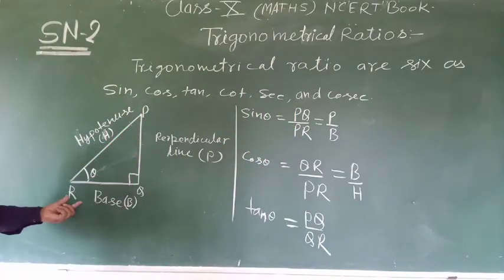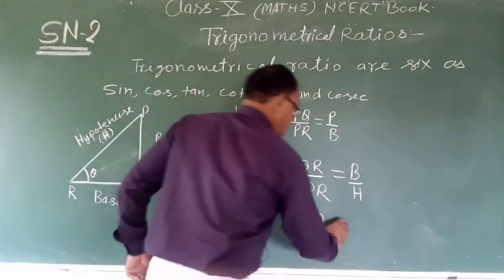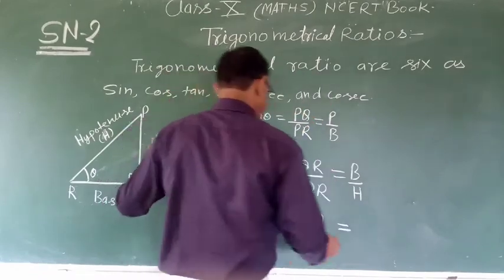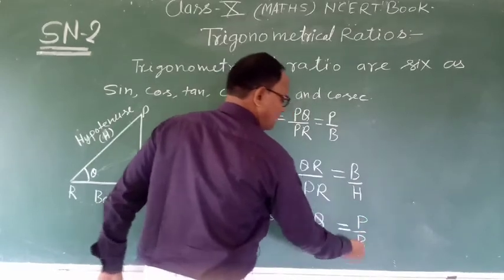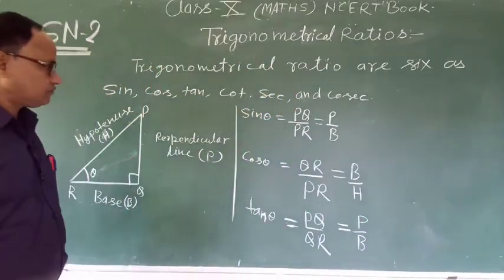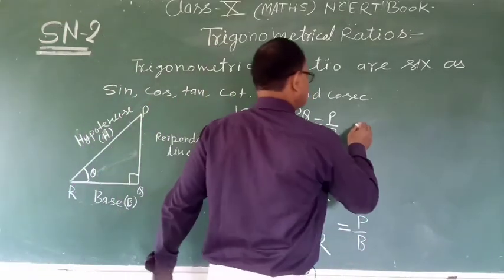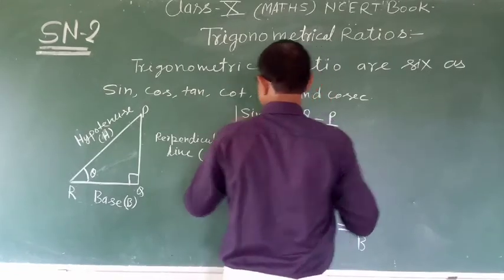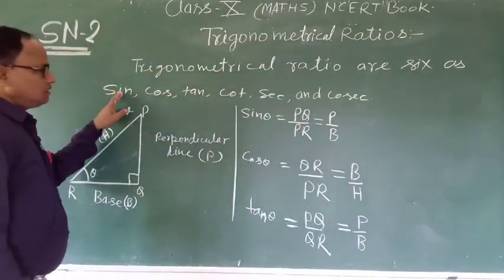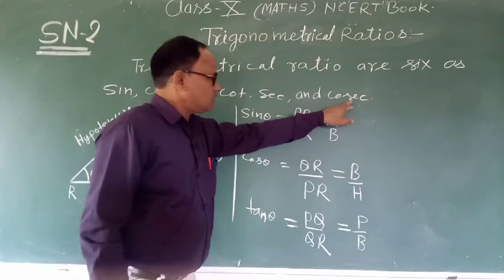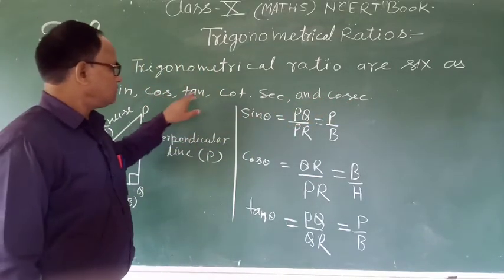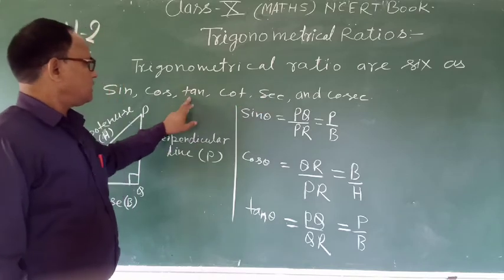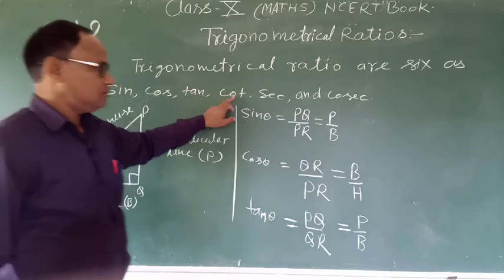You can write here P by B, perpendicular line by base. Here the opposites: cosec is the opposite of sin, sec is the opposite of cos, and cot is the opposite of tan.